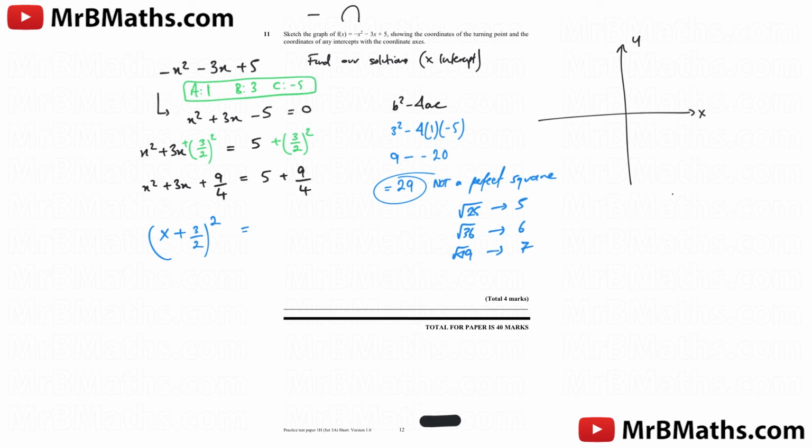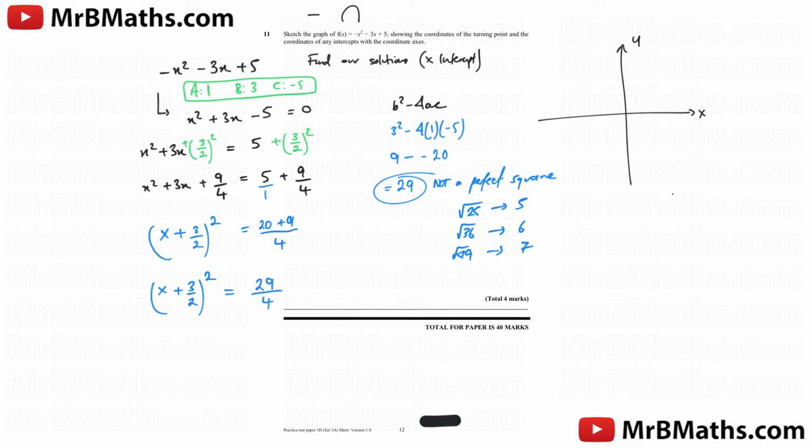So that's equals, don't forget a number is always over 1, so if we add these fractions, make the denominator both 4, we're going to have 20 plus 9, and then we're going to have x plus 3 over 2 squared equals 29 over 4.